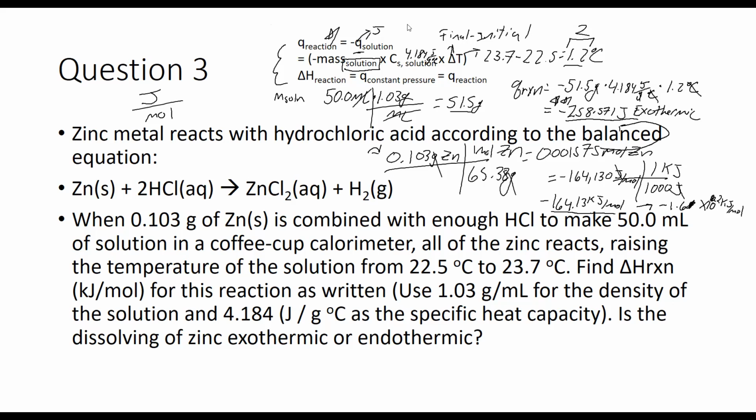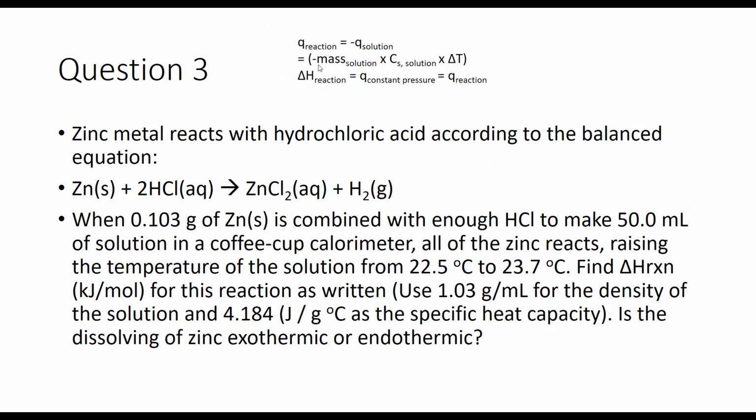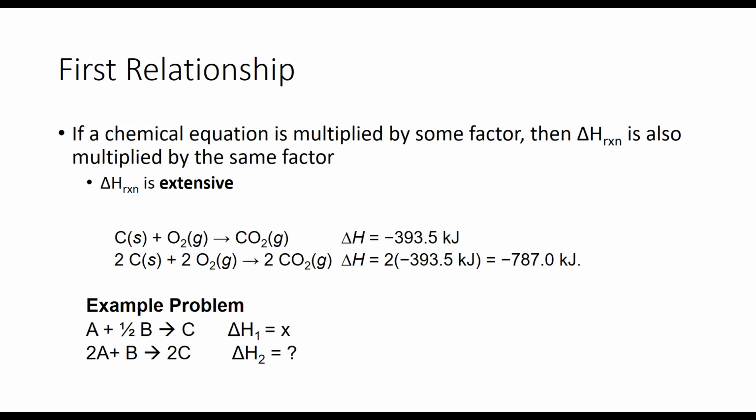But if there are no other questions, we can move on then. Let's talk about relationships that have to do with enthalpy. Enthalpy is what is called extensive, the enthalpy of a reaction.